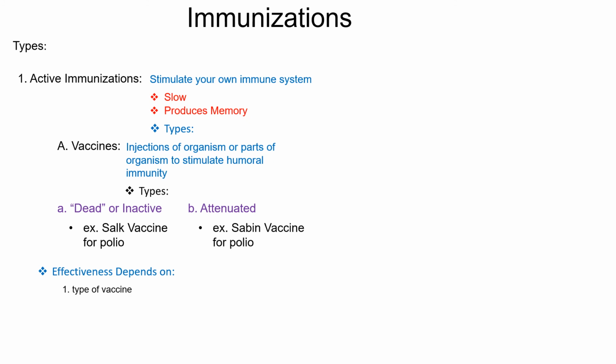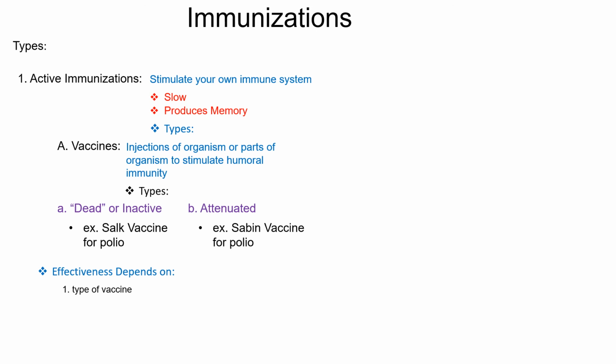Now, when we look at the Salk vaccine, it is not as good at producing immunity as the Sabin. The reason is because it uses inactive or dead virus. When something is dead or inactive, that means we've used something to kill or inactivate it, which changes its shape.